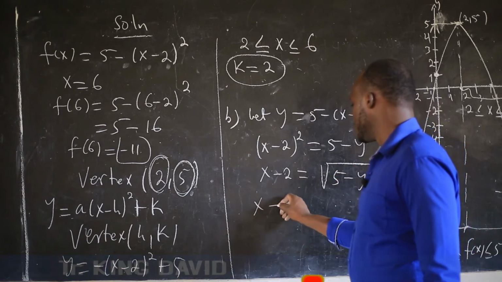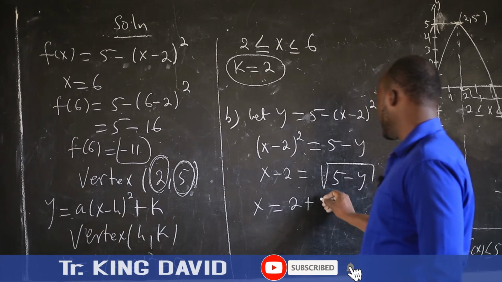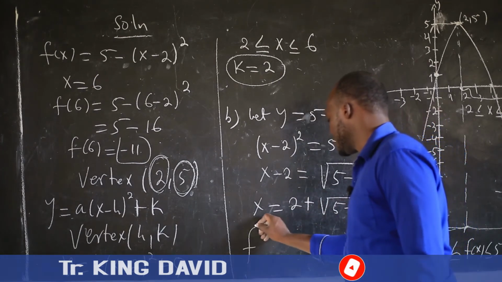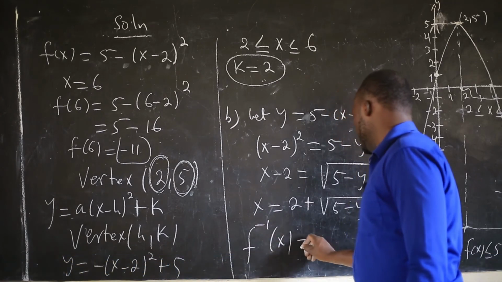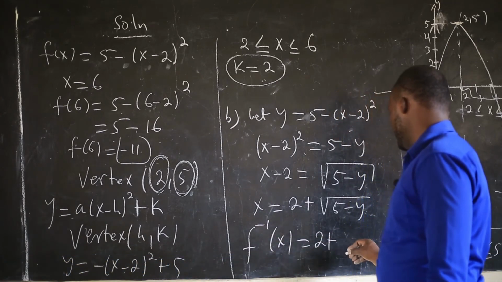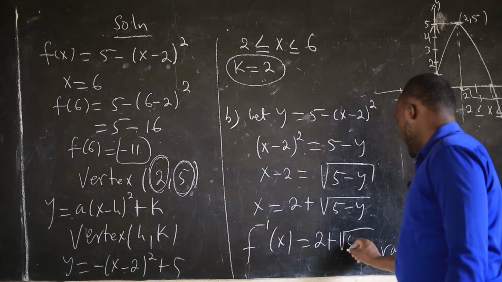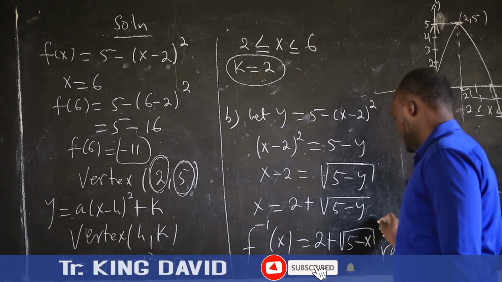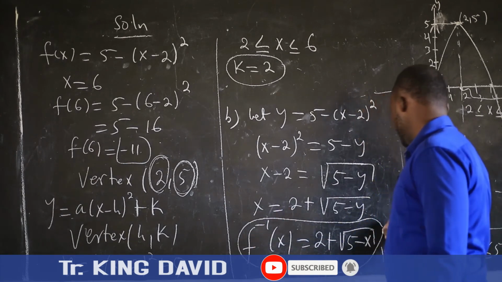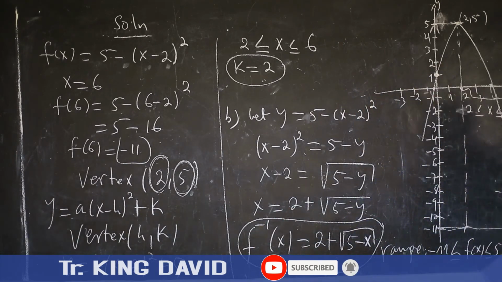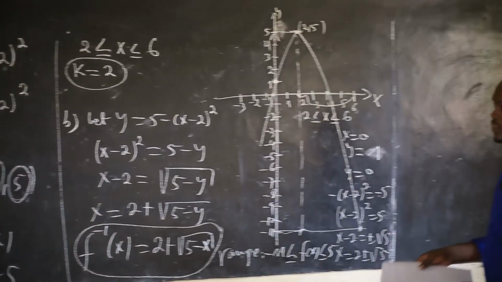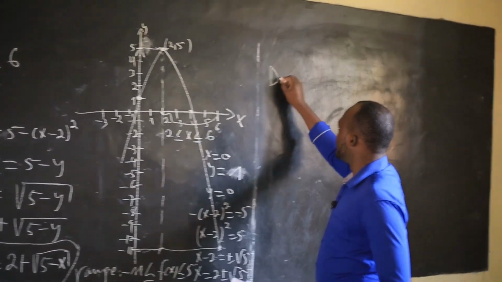Then x will be 2 plus root 5 minus y. So the inverse is 2 plus root 5 minus x. That is our inverse.